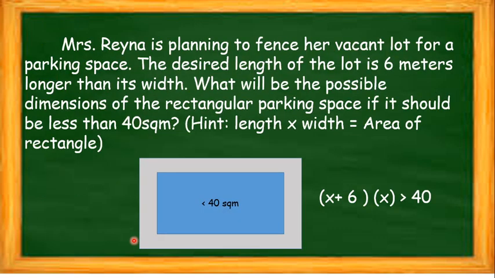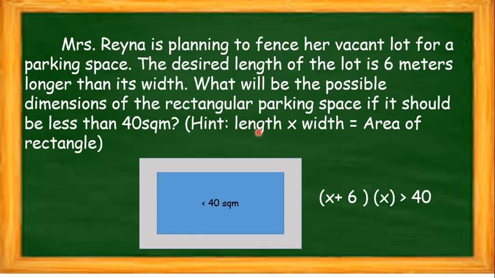Now, I have here a problem. Mrs. Reina is planning to fence her vacant lot for a parking space. The desired length of the lot is 6 meters longer than its width. What will be the possible dimensions of the rectangular parking space if its area should be less than 40 square meters?